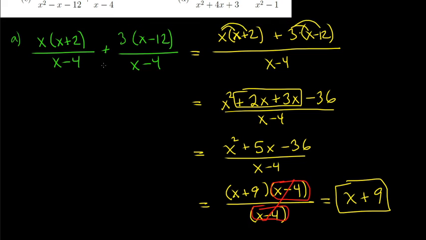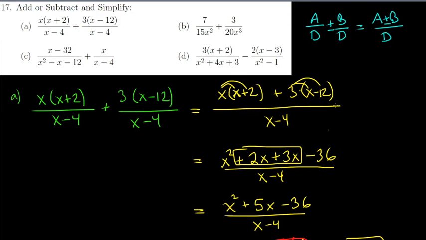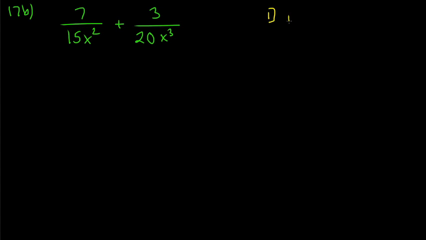Okay, so still a lot of work, but the fact that the denominators were equal makes this an easy problem. Because if you notice in part B, the denominators are not equal. So what do we do when the denominators are not equal? Well, we have to find the least common denominator, right?